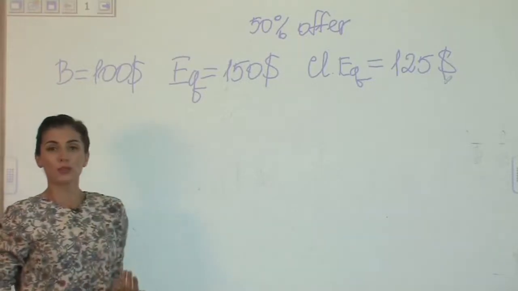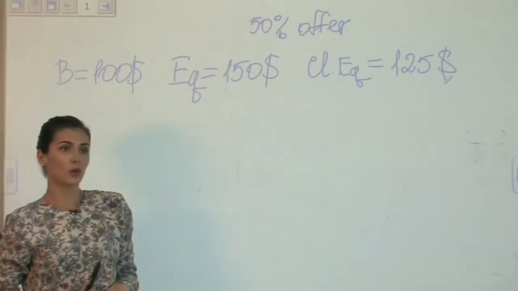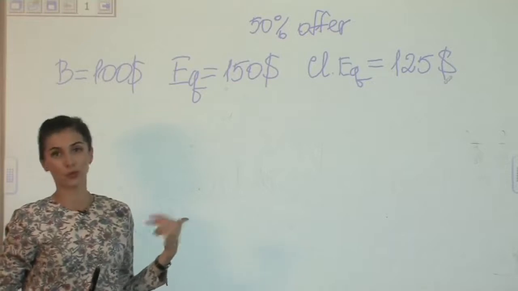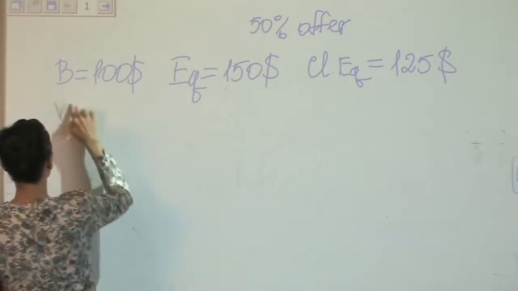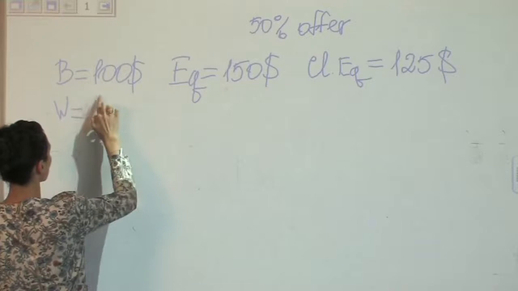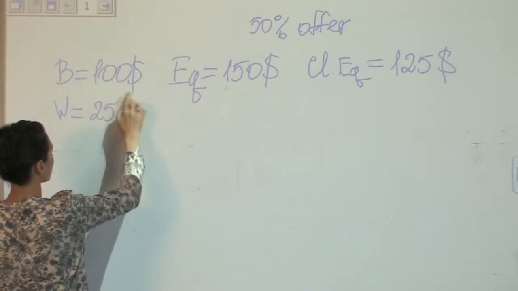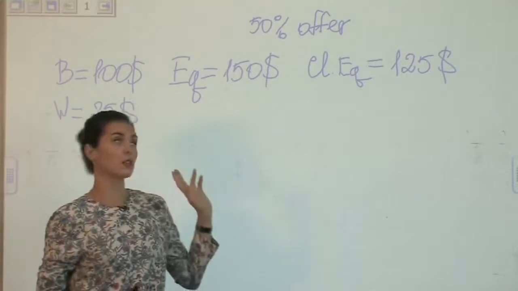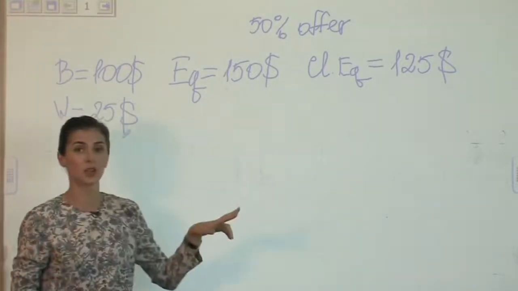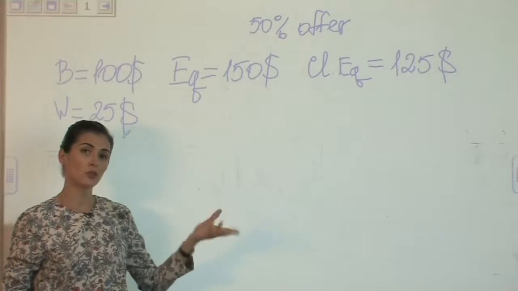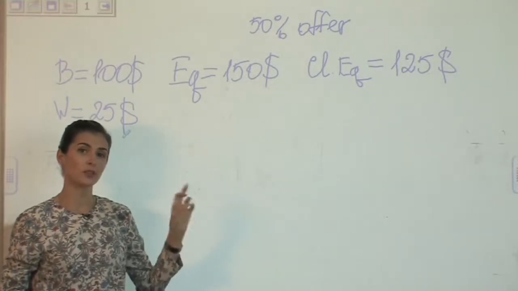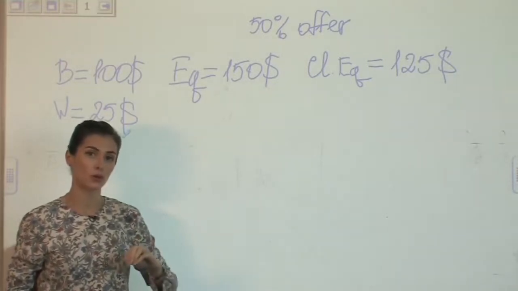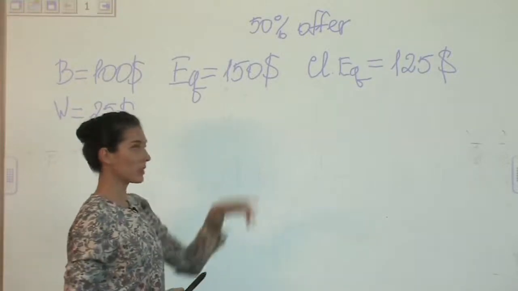If you want, for instance, to withdraw $25, your profit, all these parameters will change in proportion to the funds that you want to withdraw, except clean equity.